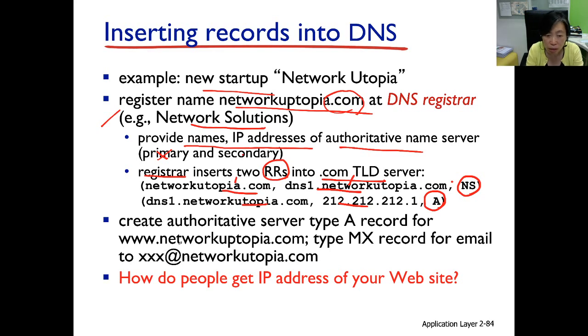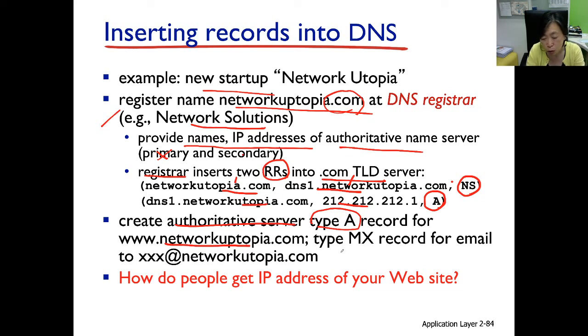Now, back home, you need to set up a couple of these authoritative servers for sure. But inside these authoritative servers, what do you store? Well, if you want a web service, you need a type A entry that keeps the name of the web server and the IP address of the web server.